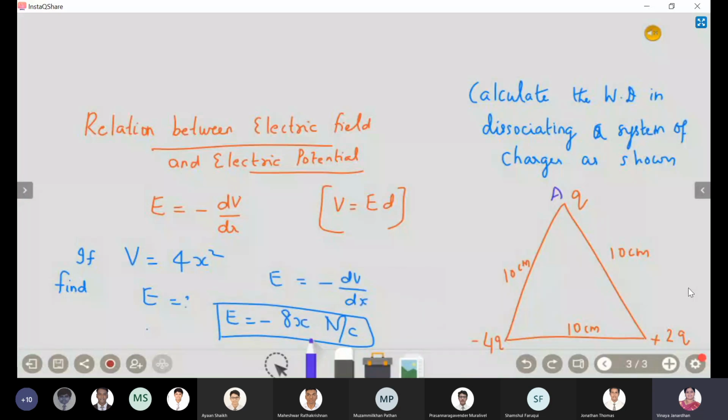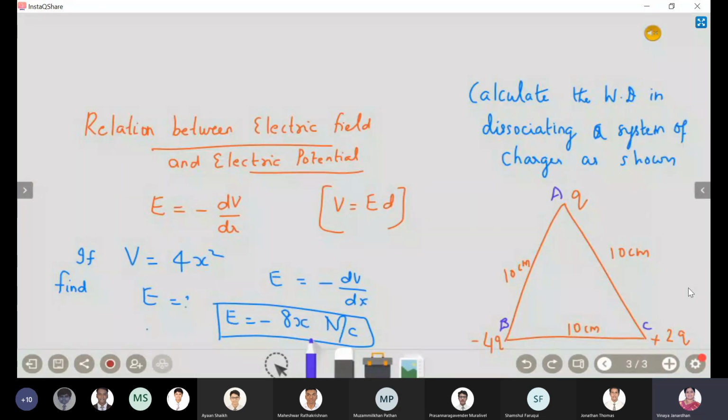Now, you have to do work in breaking the system, which means you first find the work done in making the system. Work done is stored as energy. In building this system, the negative of that energy will give you the energy to break the system.